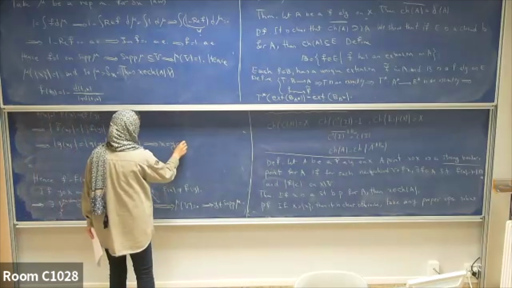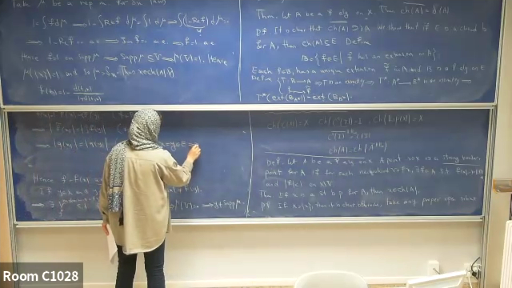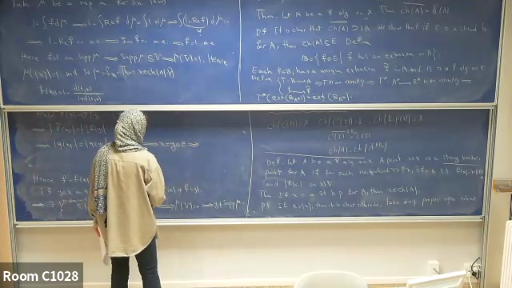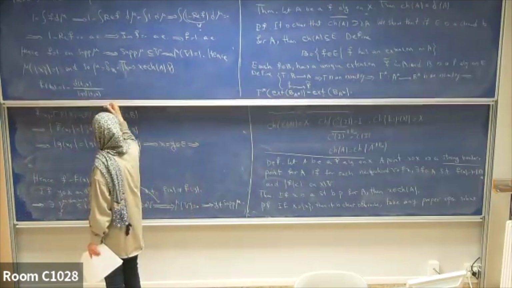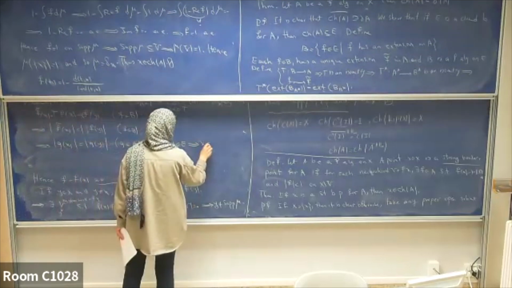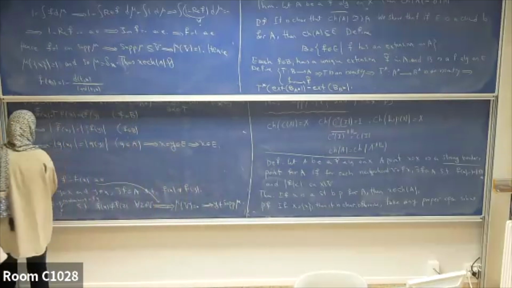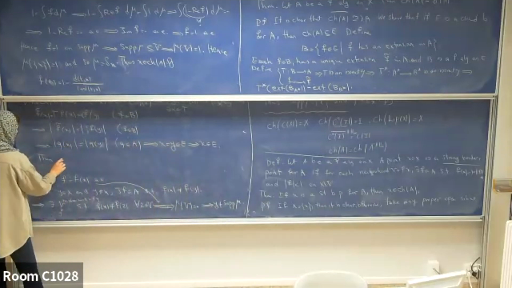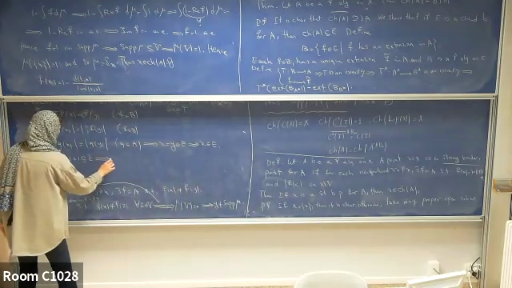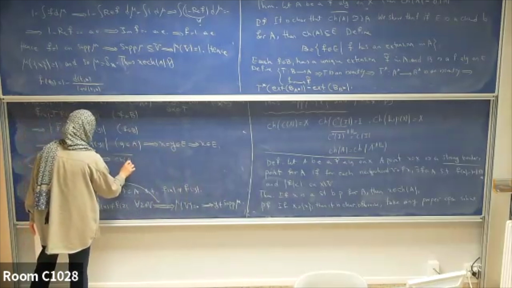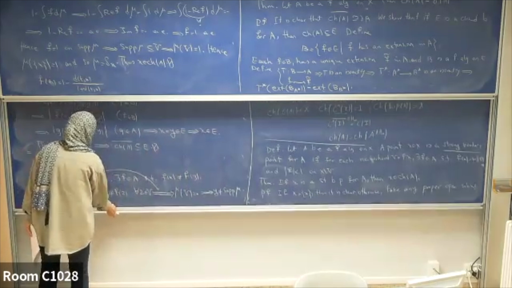And so this is in E. And the Choquet boundary of x should be in E. Then the Choquet boundary of A is a subset of E, and its closure, of course, is a subset of E, and this completes the proof.